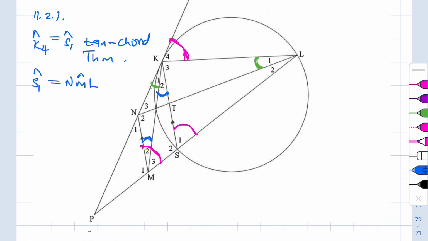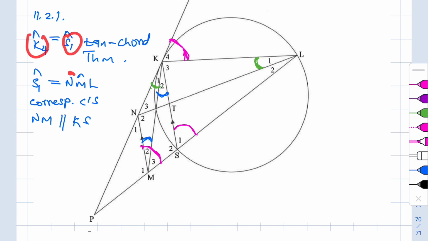Reason is corresponding angles, because NM is parallel to KS. So now since K4 is equal to S1 and NML is also equal to S1, therefore they must be equal to each other. So angle K4 is equal to angle NML. So that question is done.